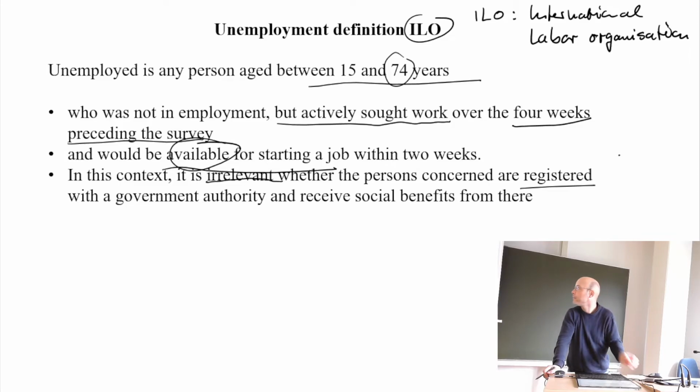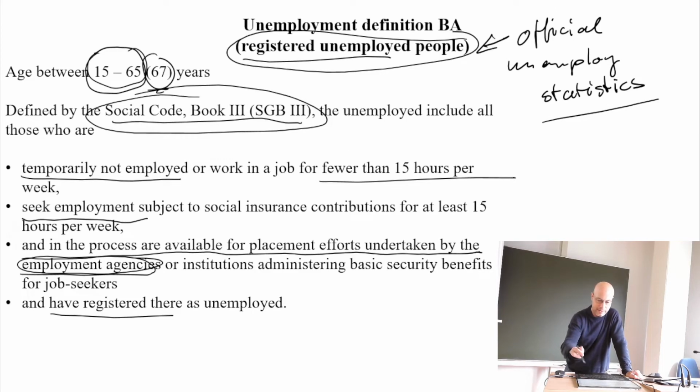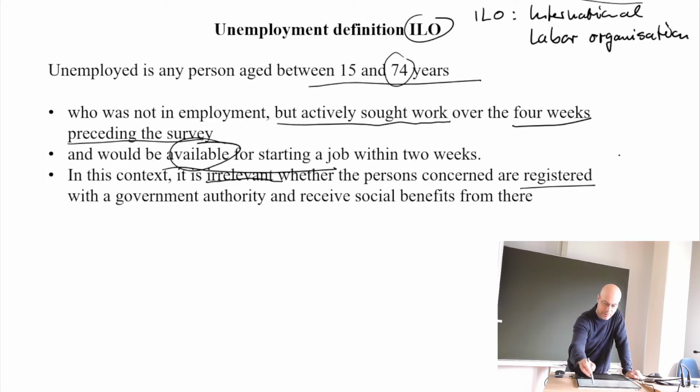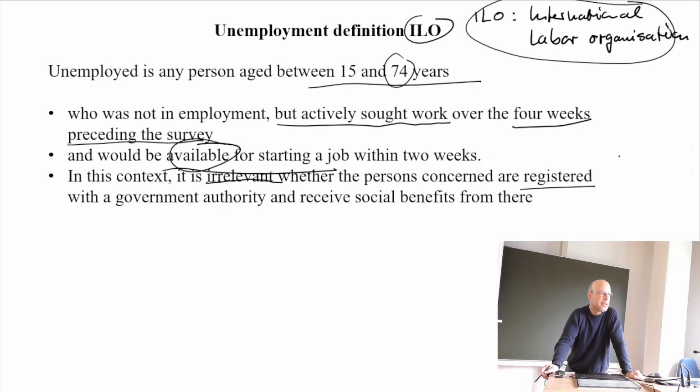So quite often we get these statistics by just phone calls of 1,000 people or so in a random sample you take in every country, and therefore if you have a look at time series of the level of unemployment, you sometimes find different numbers for the same country, and the reason is that sometimes you look at the official numbers and sometimes you look at the numbers from the ILO, the International Labour Organization.